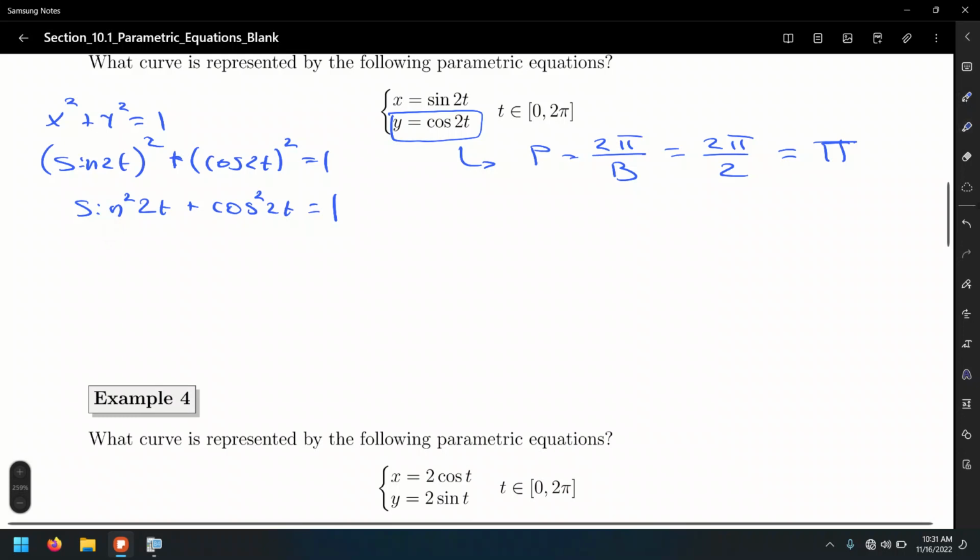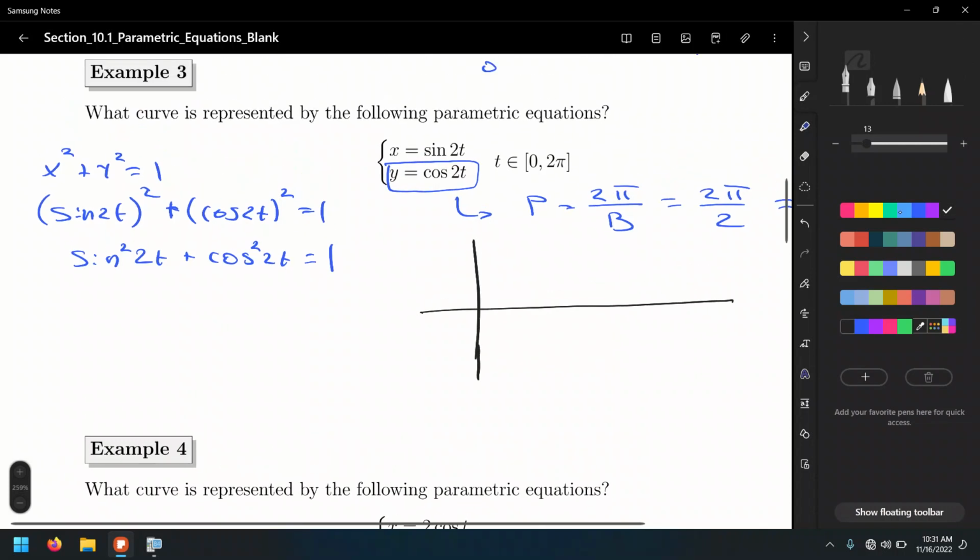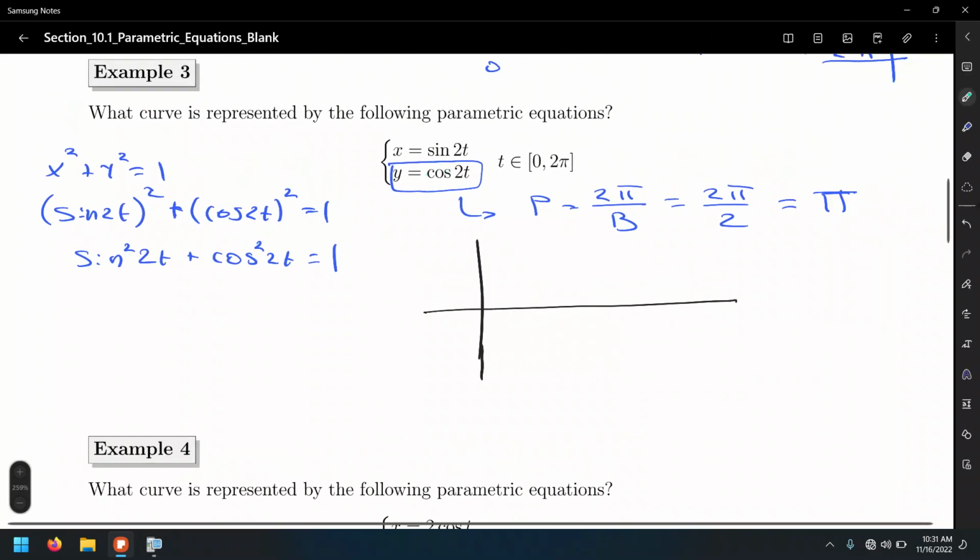First, I'm going to graph the rectangular version, then I'll go to the parametric form. So that means the graph of y equals cosine 2t completes one cycle after pi.